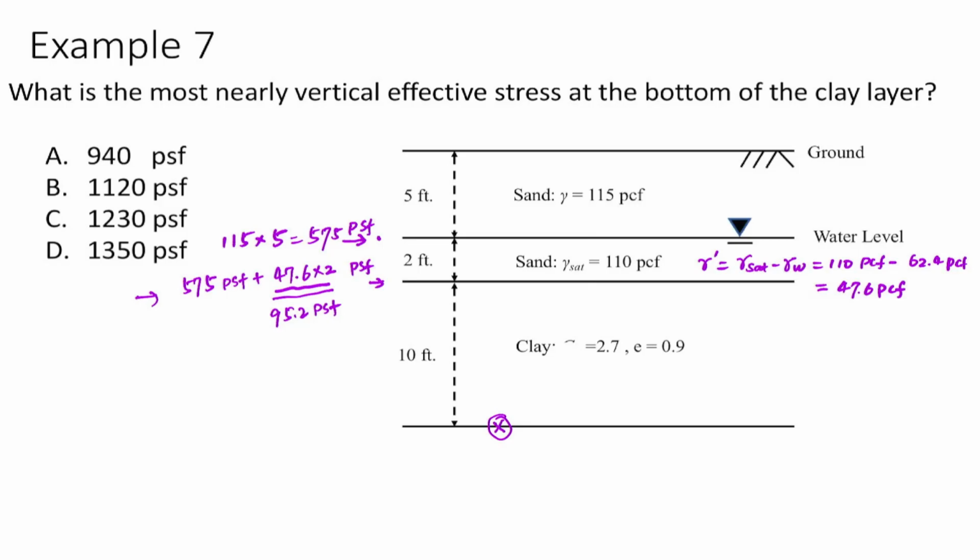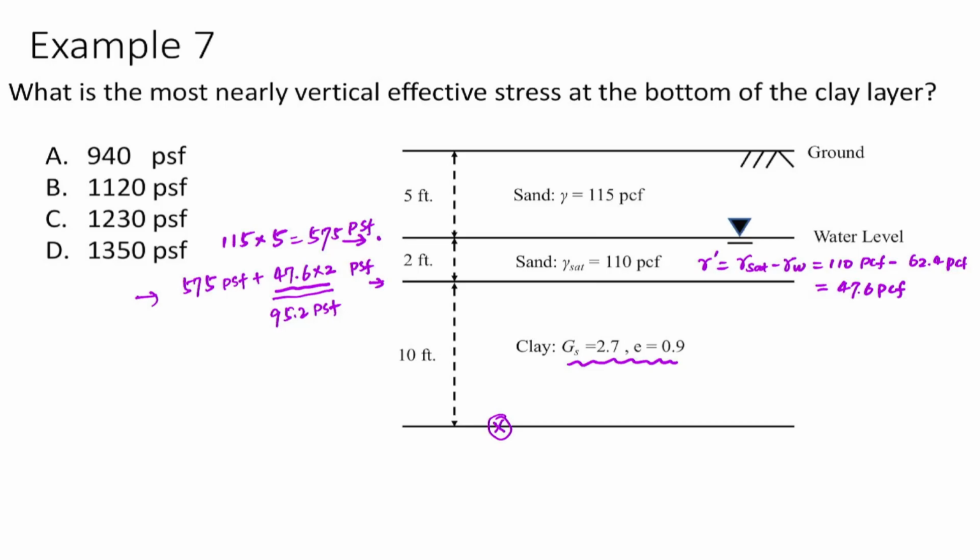For the clay layer, this is a little bit tricky because you are not given the gamma SAT, which is really the parameter you need to calculate the effective stress. Instead, they give you the GS and the void ratio. There are a couple of ways you can do it. You can plot a 3-phase relationship and do it that way.